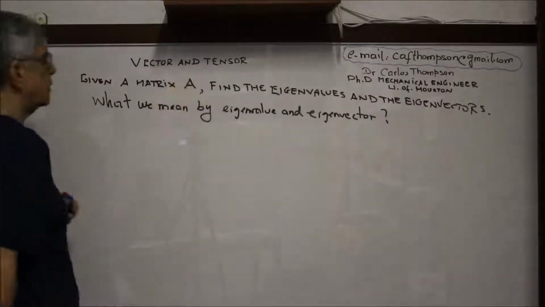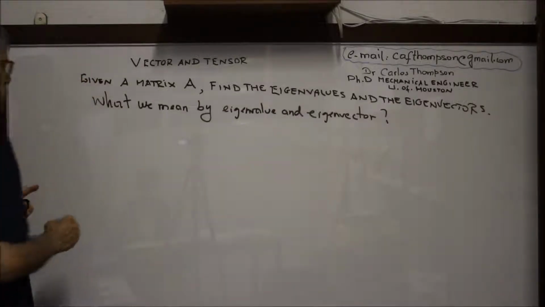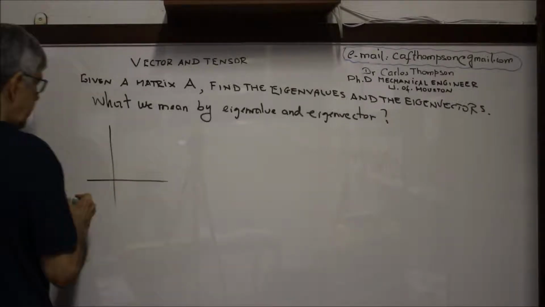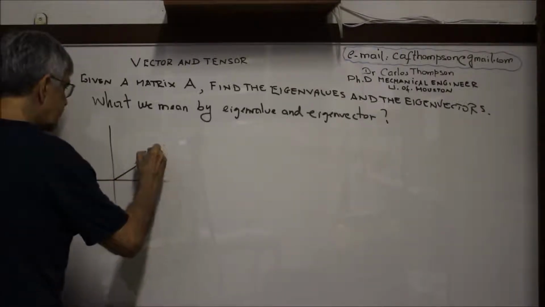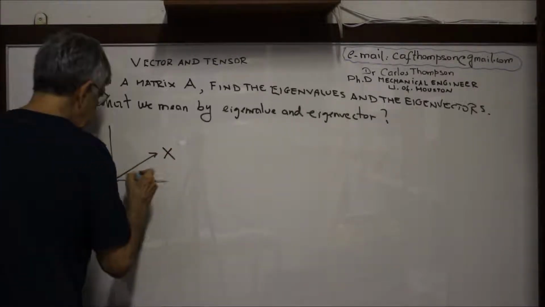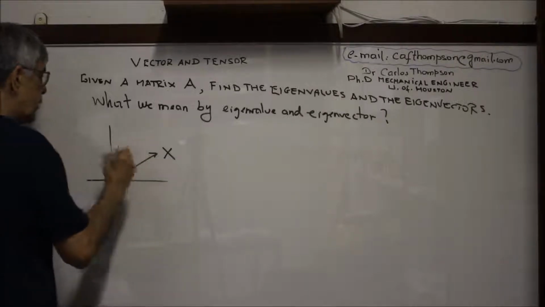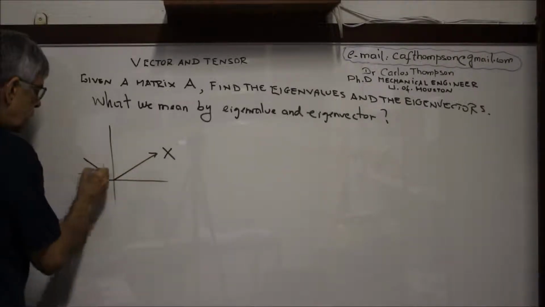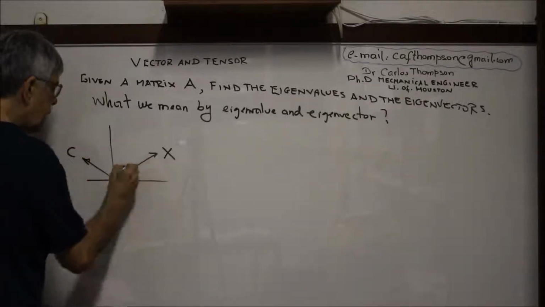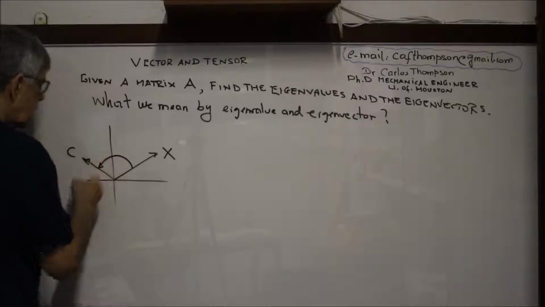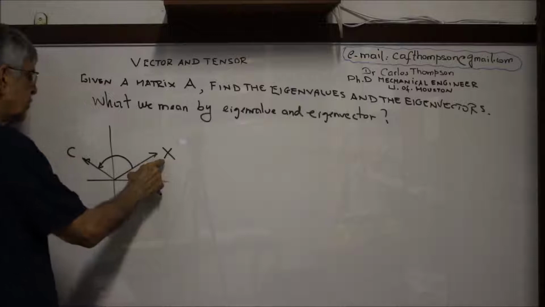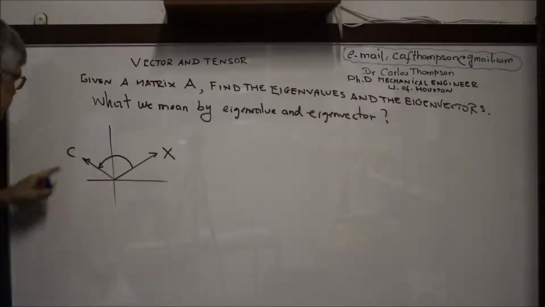What do we mean? Now, you know, because we already did, you have a vector x over here. Let's put x. And I have an operator A. See, A applied to x, there's a deformation on x, and this is the image.